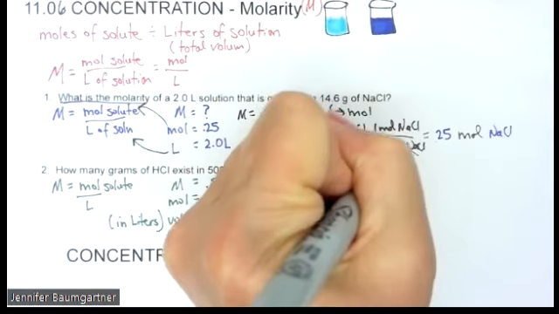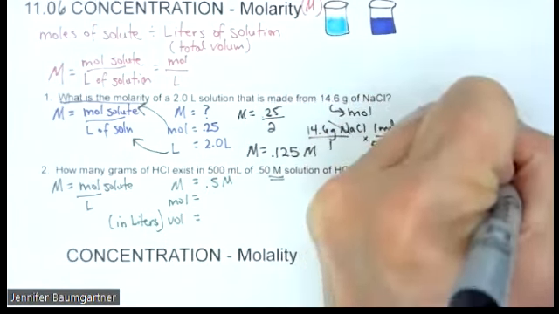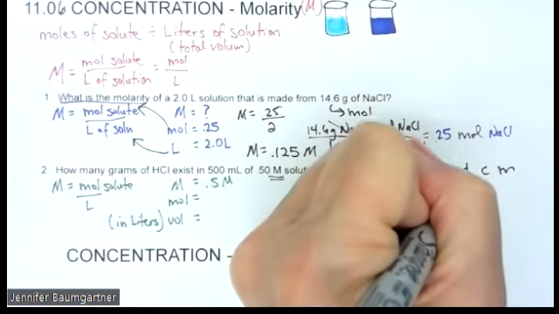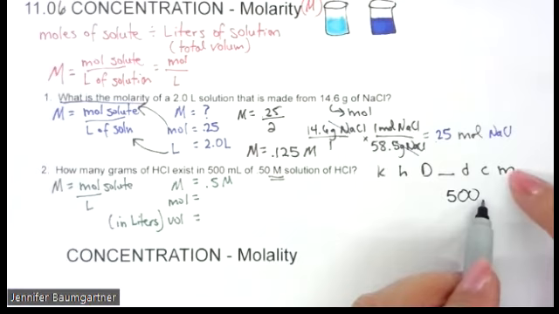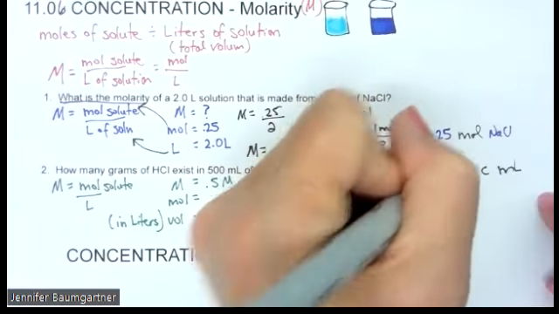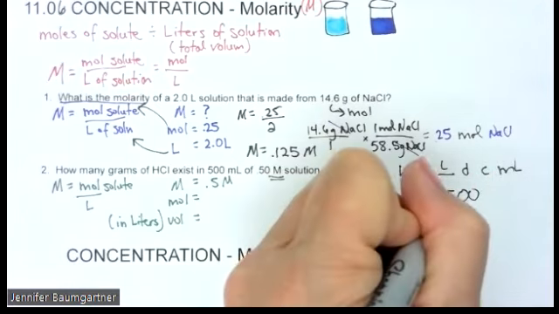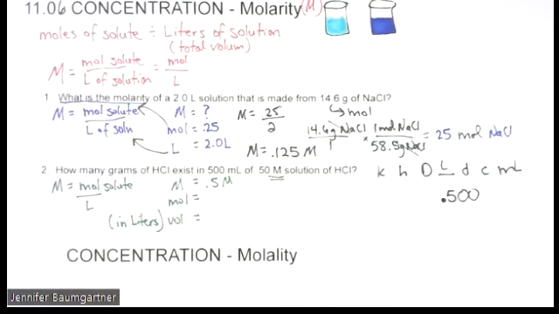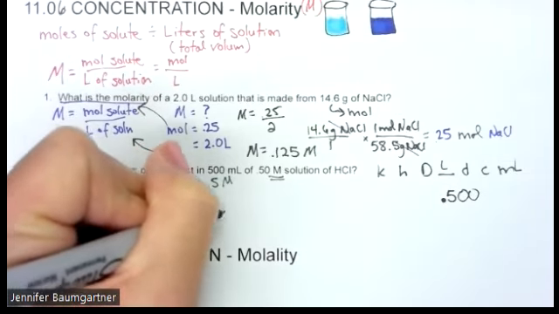So I've got kilo, hecto, deca, base, deci, centi, milli. So if I have 500, my decimal is here, and I want to go from milliliters to liters. I'm going to go milli to centi, centi to deci, deci to liter. It's going to be 0.5. So my volume here is 0.5 liters.